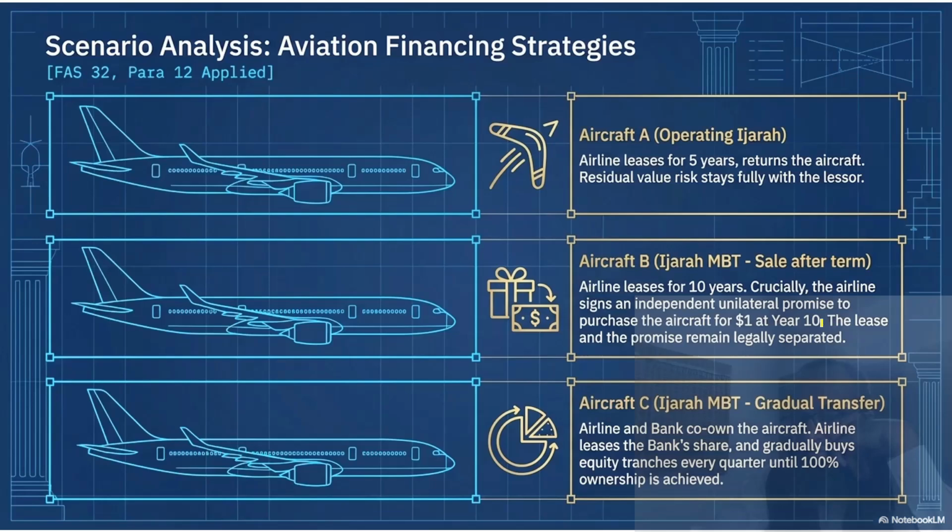They say that they will sell you at $1 at year end, right? So the lease and the promise remain legally separated. In the finance lease, they are one contract in the conventional sense, but in the Ijara, they are separate, though inherently they are to be together. And if it is a gradual transfer, a sort of diminishing Ijara, then they co-own the asset and gradually the asset transfers.